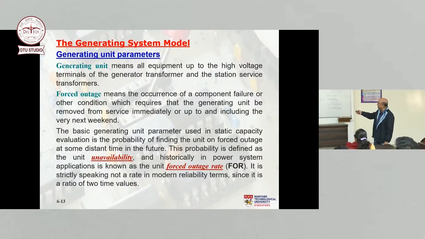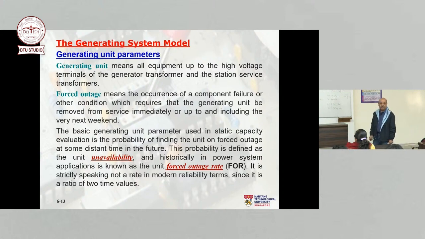And this particular parameter is known as generating unit unavailability. Usually it is a very small number. That means that the generator is highly reliable or highly available. And for some reason, it is very popularly also known as the forced outage rate of the generating unit, FOR.